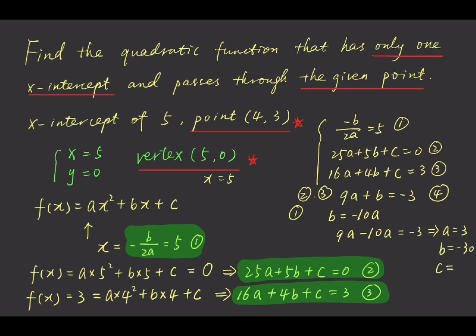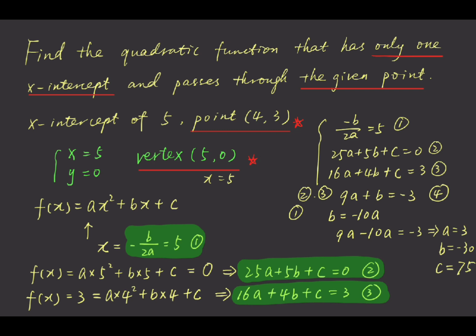For c, you can plug these two values back into this equation or this equation. Now I plug these two values into this equation: 75 minus 150 plus c equals 0. So c equals positive 75.